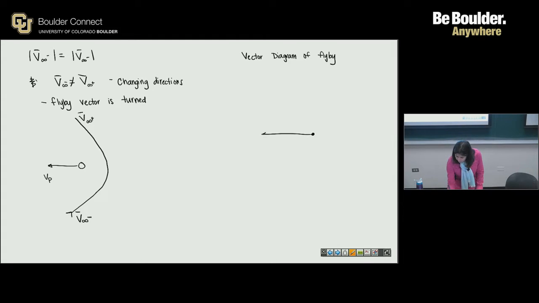So here is the velocity of the planet, and that's with respect to the sun, okay? Now, V infinity in and out are with respect to what? The planet, okay? So here's V infinity in, and here's V infinity out, okay? And I tried to draw those the same length because they're the same magnitude, right?